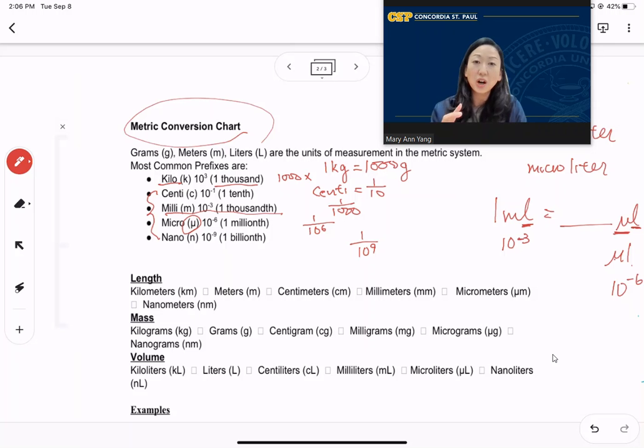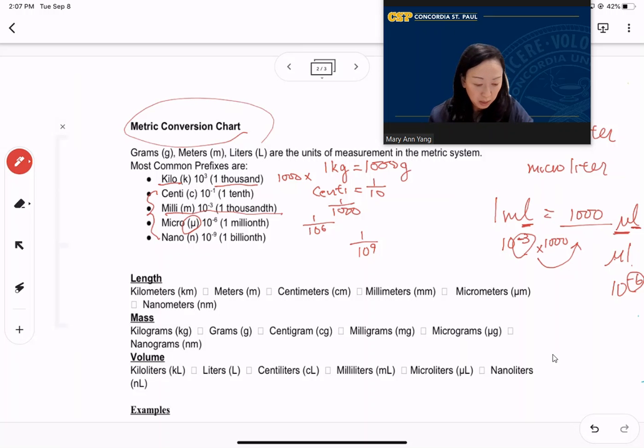So they are 3 orders apart. Milli is bigger, right? A millionth is smaller than a thousandth by 1,000-fold. So to get to this, you need to times 1,000. So 1 mil equals 1,000 microliter.